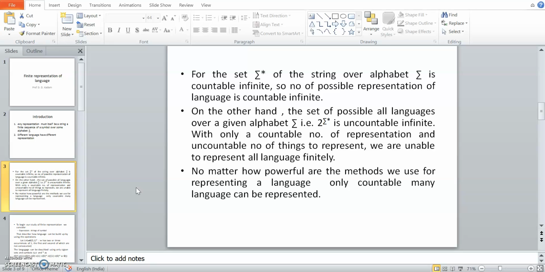With only a countable number of representations and an uncountable number of things to represent, we are unable to represent all the languages finitely. So no matter how powerful the methods we use for representing a language, only countably many languages can be represented.